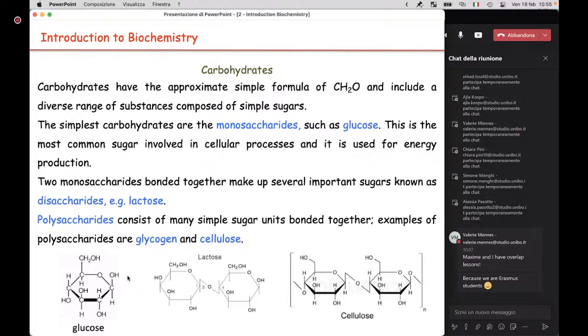And we can go on bonding more and more sugar molecules to form a polysaccharide. For example, cellulose. Cellulose is the basic building block of all plant structures.